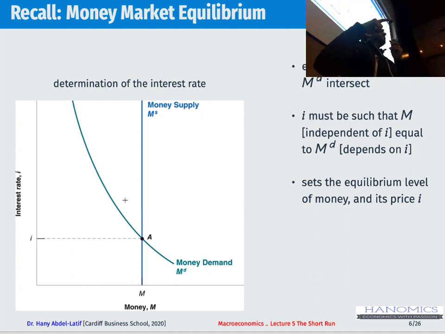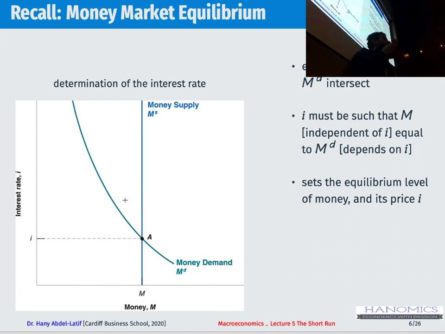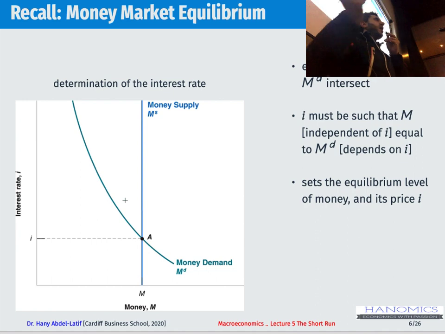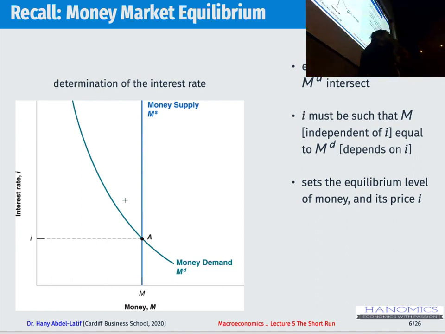We also said there is precautionary demand and speculative demand, and both are determined by the interest rate, and this is a negative relationship. So a higher interest rate means lower demand for money for these reasons, speculative and precautionary demand.